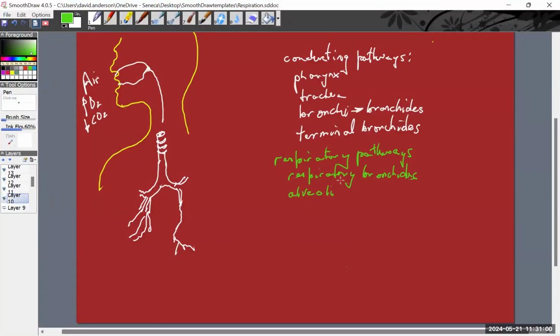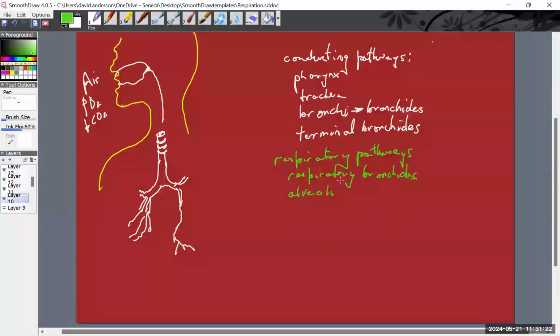And remember, like I said, the alveoli to the tune of about 1 million per lung. So we've got a large area for distribution of the oxygen that we're breathing in and the CO2, carbon dioxide, that we're going to breathe out.